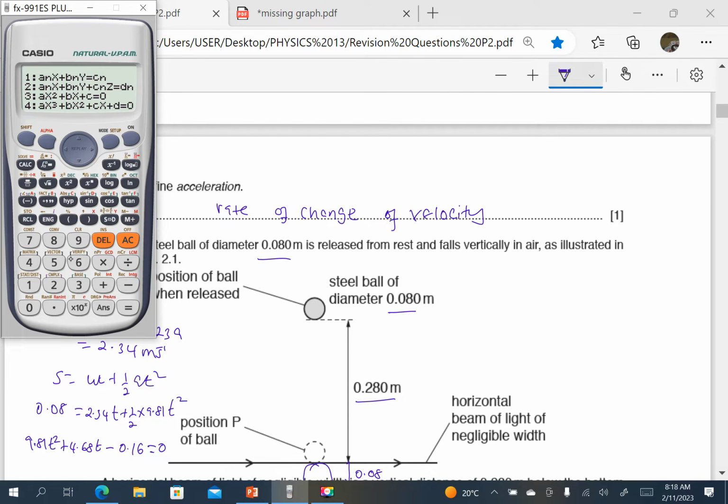Equation, degree 2, that is going to be 3. A is 9.81, B is 4.68, and C is negative 0.16.